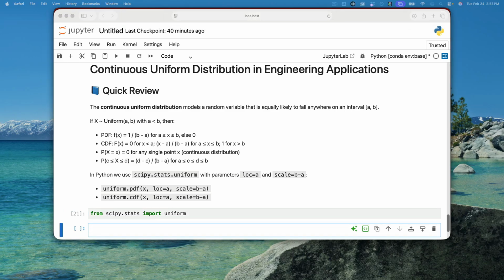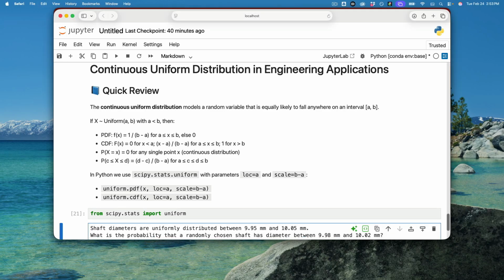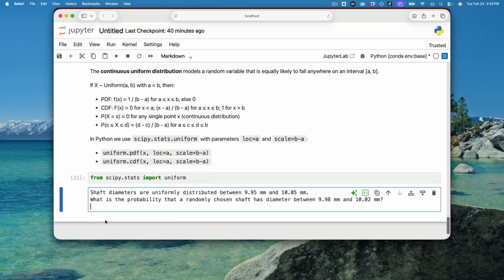So now, entirely different problems. Shaft diameters are uniformly distributed between 9.95 millimeters and 10.05 millimeters. So that immediately tells you uniform distribution, and gives you A and B for the uniform distribution. What is the probability that a randomly chosen shaft has diameter between 9.98 and 10.02?